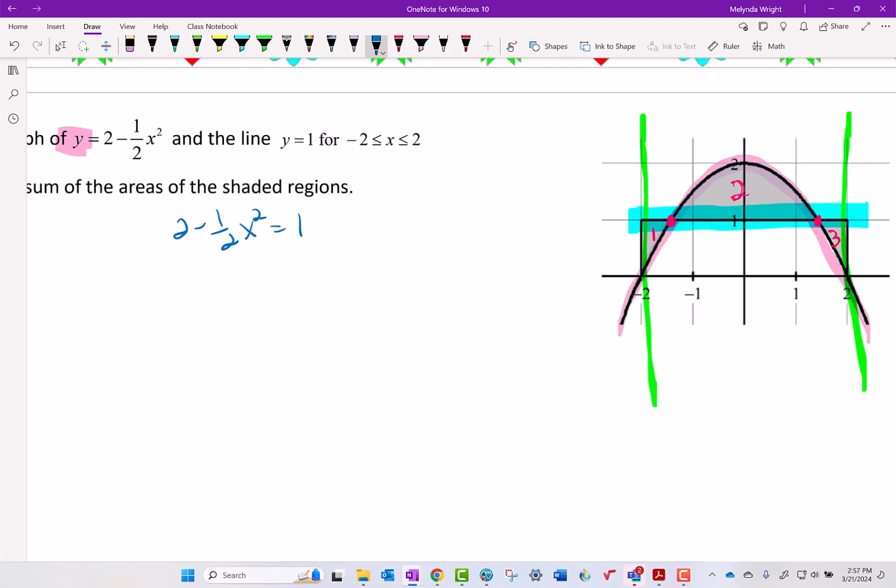Of course, there's lots of ways to do it. You can do it however you want, but I like keeping that positive, so 2 minus 1 is 1. Then we want to isolate the x squared, so I would multiply both sides by 2. That would give me 2 equals x squared. Now we would square root both sides. So x is going to be plus or minus root 2.